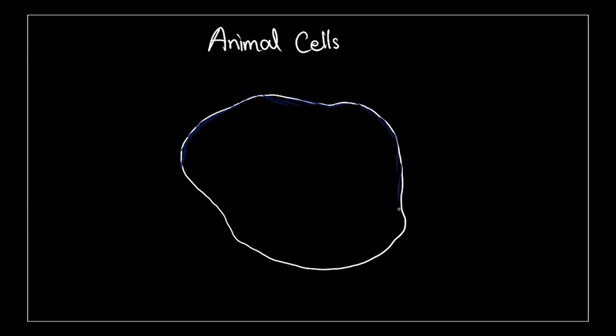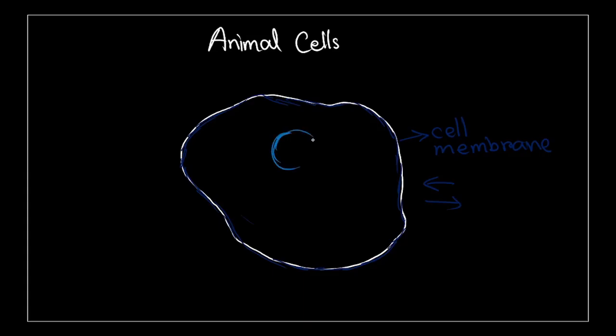This is the cell membrane, which surrounds the cell. It is a thin skin around the cell which gives the cell its shape and also controls what goes in and what goes out of the cell.